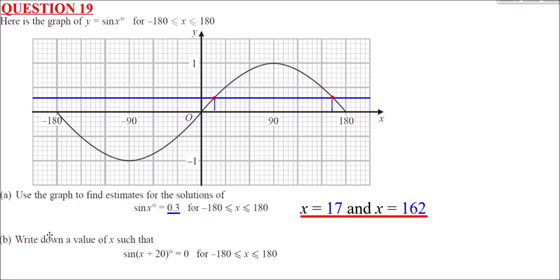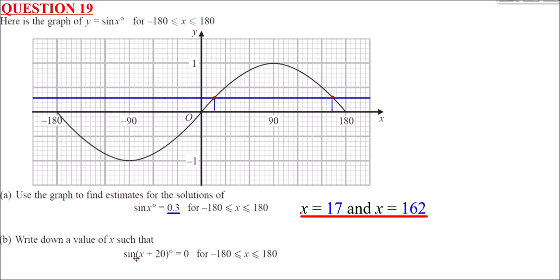Part B, we need to write down a value of x such that sine of x plus 20 is 0, for x being in between minus 180 to 180. Now, what this question is difficult for is that in the brackets, it's not just a simple x or y, it's x plus something. So I'm just going to think about this bracket as just one whole thing.